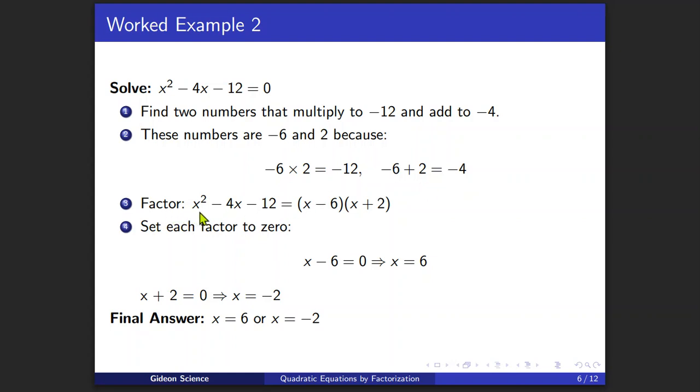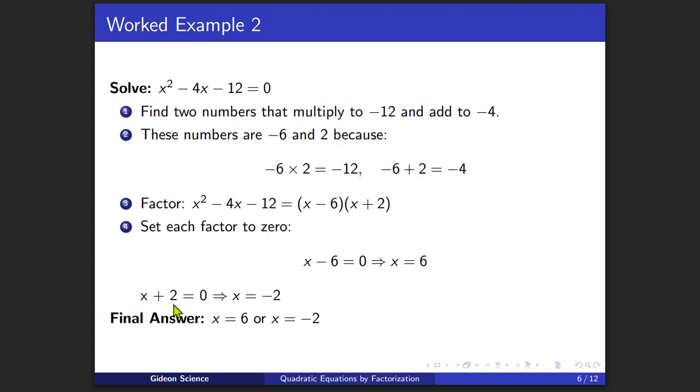The factors here: x squared minus 4x minus 12 can be written as (x minus 6)(x plus 2). So you set each of these to 0 and solve for x. x minus 6 equals 0 implies x equals 6.